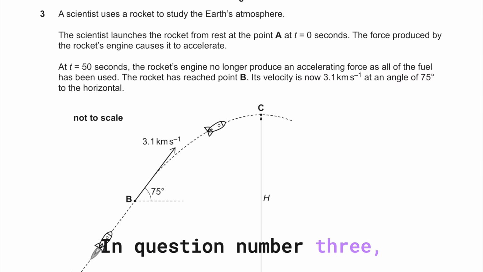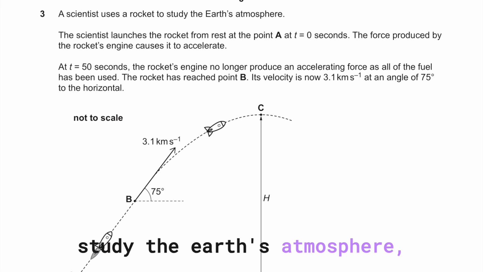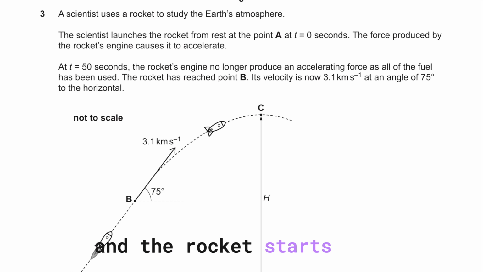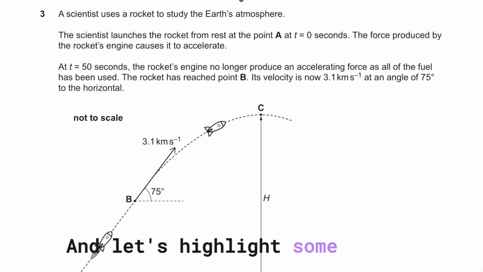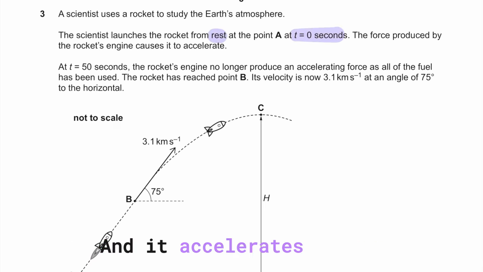In question number 3, we've been given that a scientist uses a rocket to study the Earth's atmosphere. And the rocket starts from rest at t equals 0 seconds. And let's highlight some words. And it accelerates due to the engine's thrust.